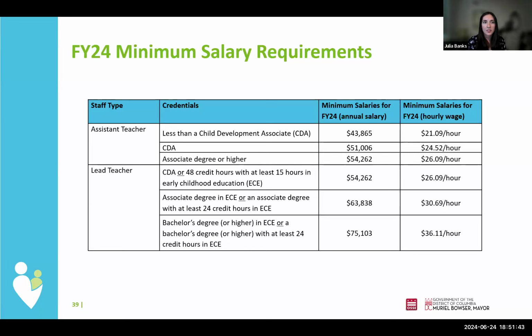Okay, we just got a question about if a certain staff type is eligible. This provider is saying, if we have an employee with a staff type that is substitute, but is currently enrolled in a CDA program, are they eligible? So currently you would have to have a staff type listed in DELT as assistant teacher or lead teacher.